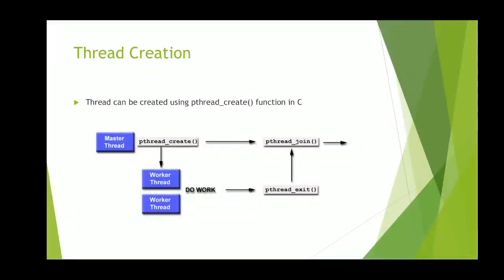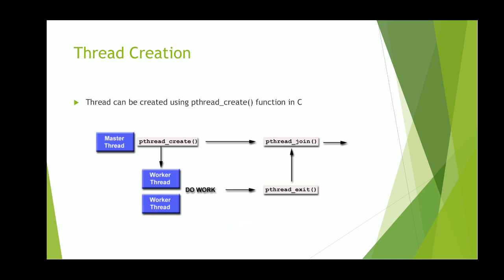A kernel thread can be created with the help of a system call. In C language, we can create a thread using the pthread_create function. Here you can see there is a master thread and it calls the pthread_create function. Upon calling this function, it will generate a worker thread and this worker thread will do its work.